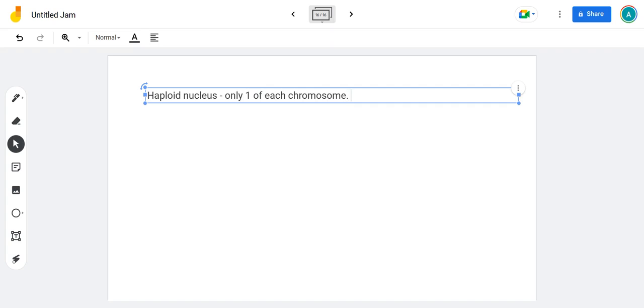The reason why that's adapted for its function is because the sperm also has a haploid nucleus. In humans, that would be 23 chromosomes. So the 23 from the egg and the 23 from the sperm come together in fertilization to make the fertilized cell of 46 chromosomes.